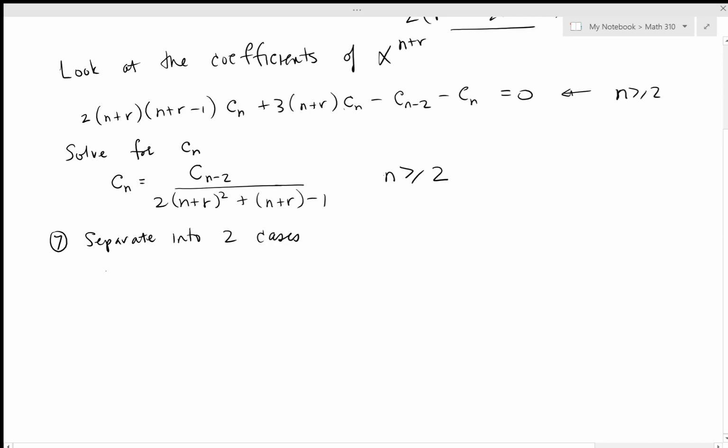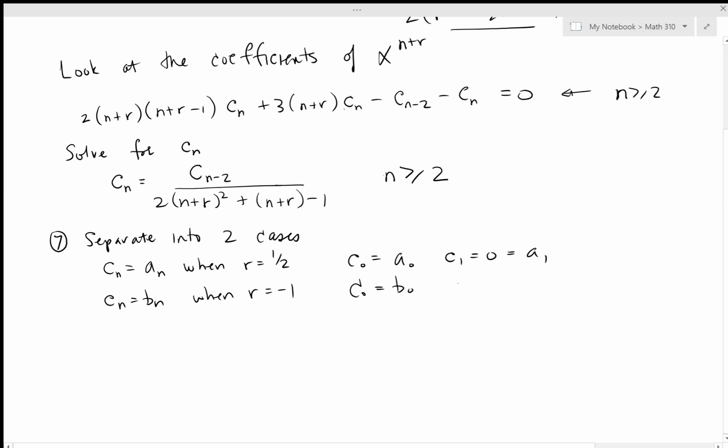Cn is going to be the An's when r is equal to 1/2, under the conditions C0 is A0, and C1 is equal to 0, and that is A1. Okay, and then Cn will be Bn when r is equal to -1, and I have that C0 will be B0, and C1, which is 0, will be B1.